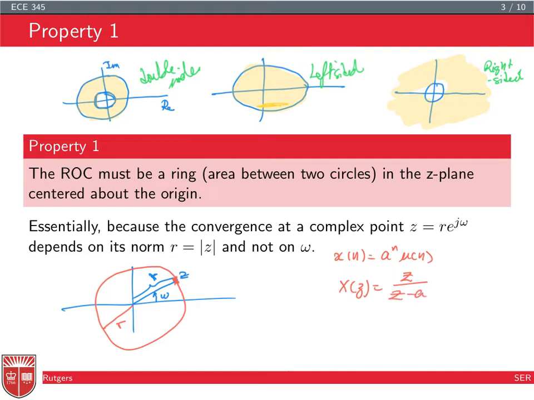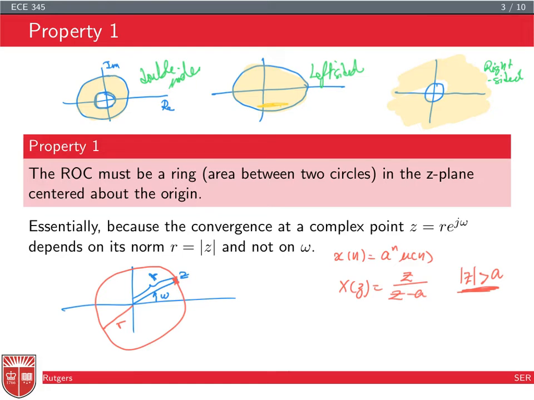The way we get this is by using the formula of the geometric series, and we know that we have to have the norm of z greater than a. So you can see that for this example, it's clear that the convergence only depends on the norm of z. So this property is saying that not only for these types of signals, but for any type of signal, the convergence will only depend on the norm of z.